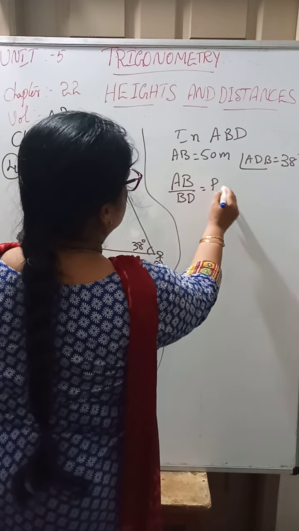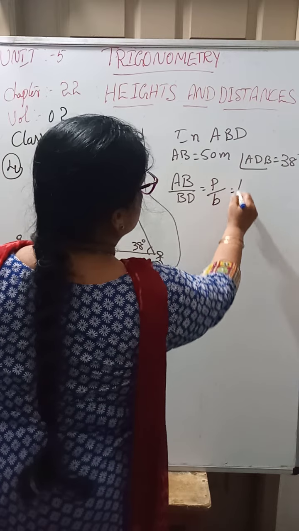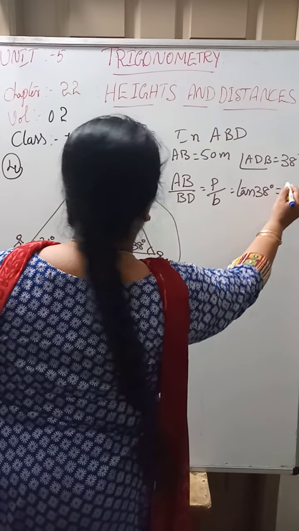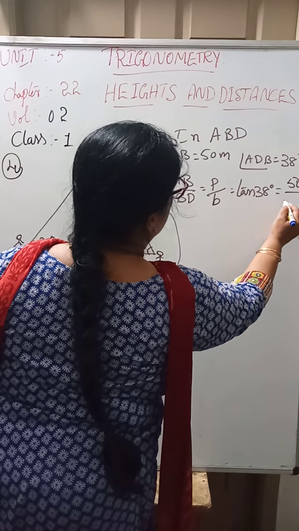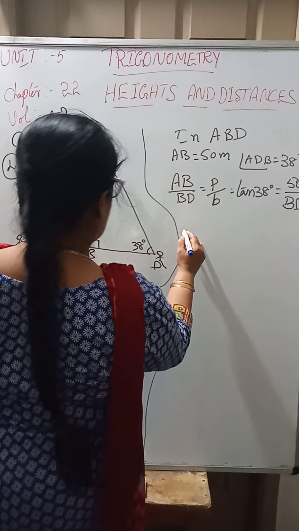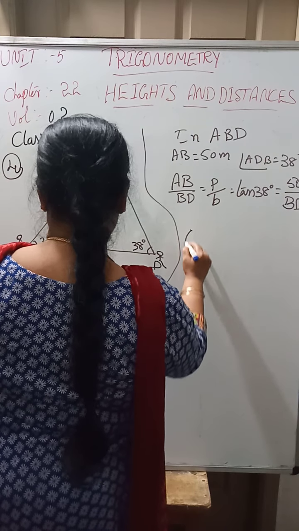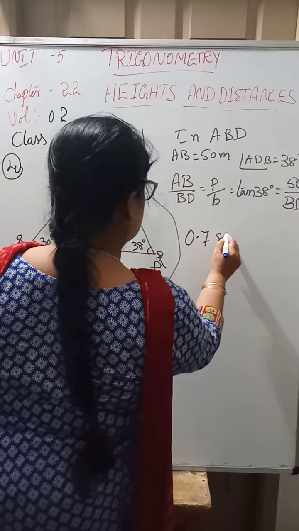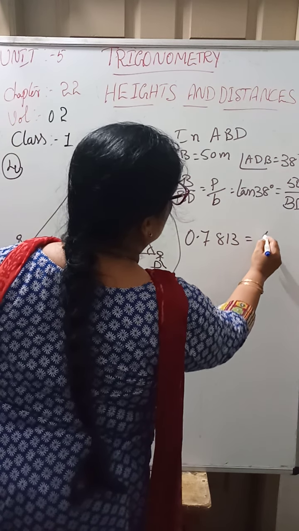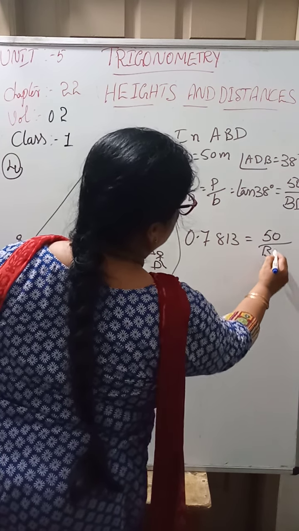AB by BD means perpendicular by base, so tan 38 degrees is equal to AB, which is 50, divided by BD. We have to find BD. Now tan 38 degrees is nothing but 0.7813, equal to 50 by BD.